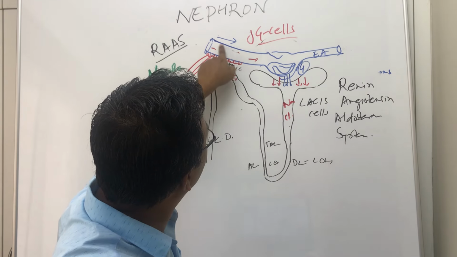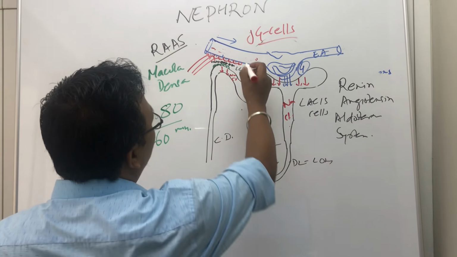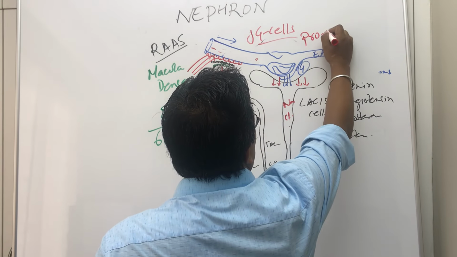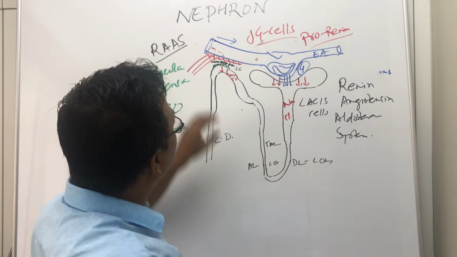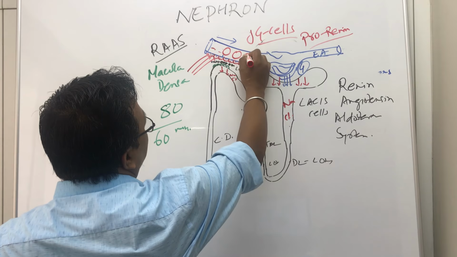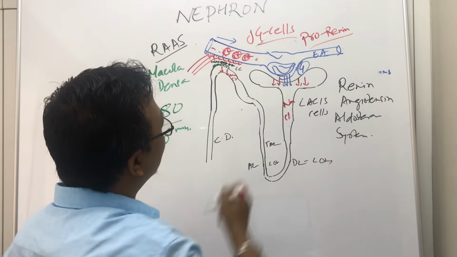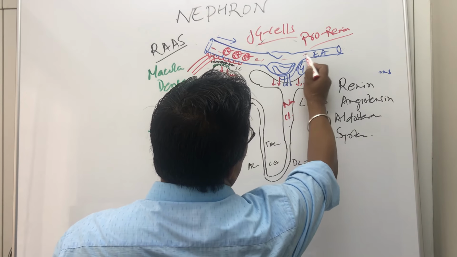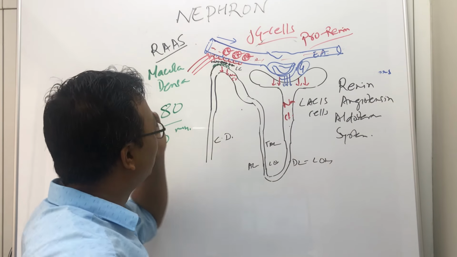Now in the blood, there is already a protein called prorenin. It is already present; I just write PR. This blood goes to the veins, the efferent arteriole, the renal vein, the inferior vena cava, and back to the heart. We know that.